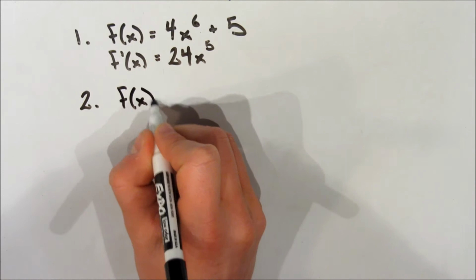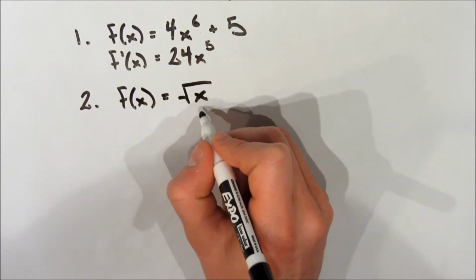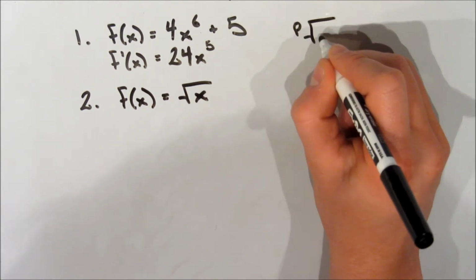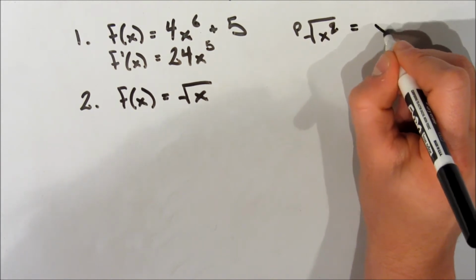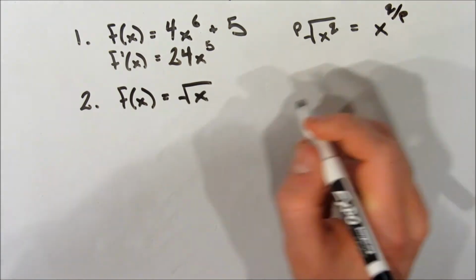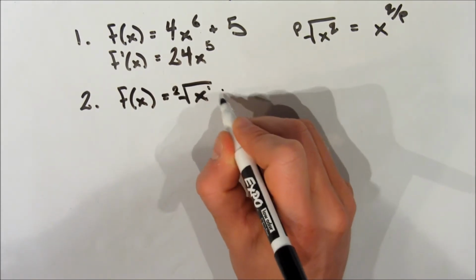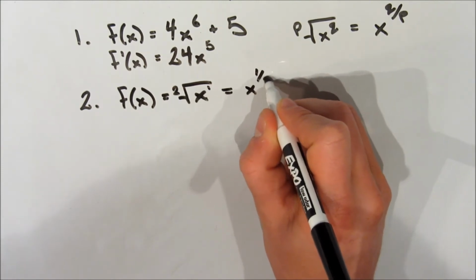So now our second example is a little more interesting. The function we're looking at is f of x is equal to the square root of x. So we can change the function a little to make it easier by observing this rule. So the pth root of x to the exponent q is equal to x to the exponent q divided by p. So in this case, our q value is 1 and our p value is 2.